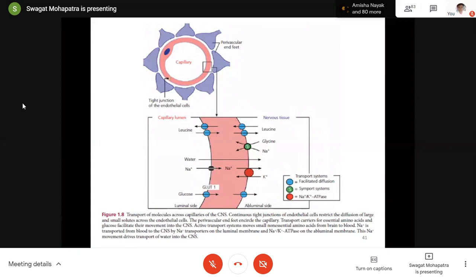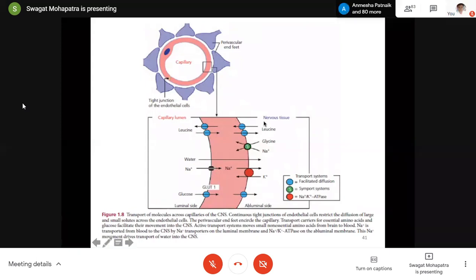But nervous tissue, even if you make them devoid of insulin, can still utilize glucose. So nervous tissue is one of the tissues which do not require the help of insulin for glucose utilization.